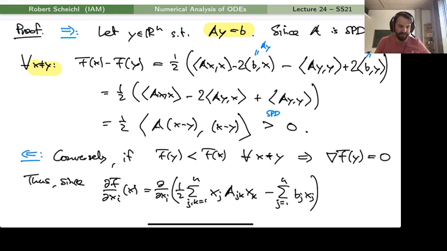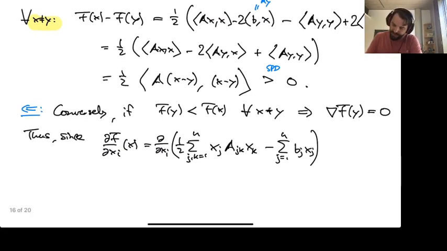Now taking the derivative, I get 2 times... this is a quadratic, and only when one of the terms is equal to xi do I get a result, so I get a single sum out.